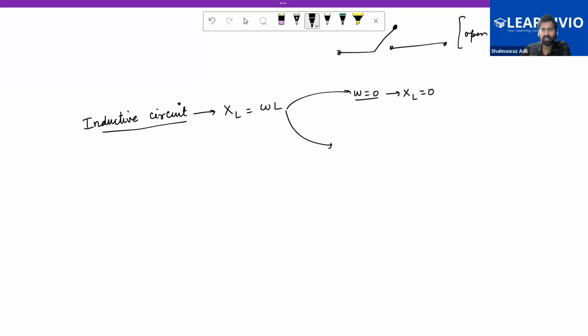If XL is 0, no resistance, then what kind of circuit is this? Can you guys tell me? Omega is 0 means there is no frequency, which means the current is not AC. The current is DC, right?